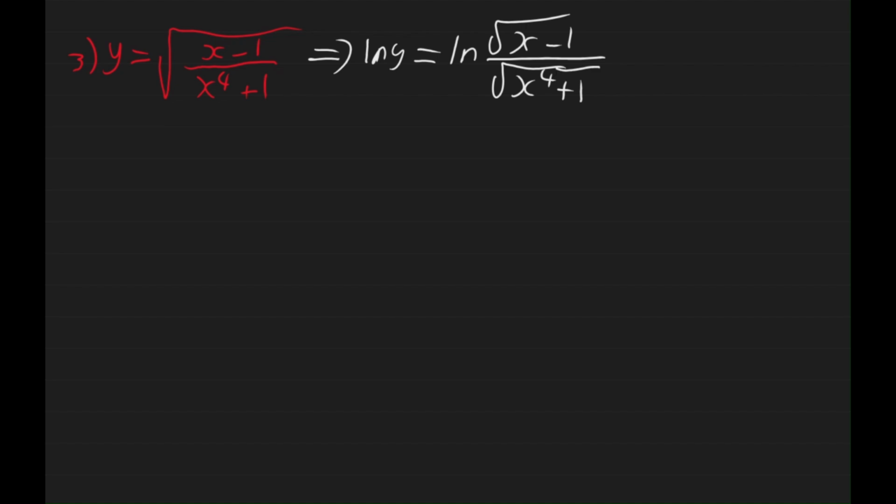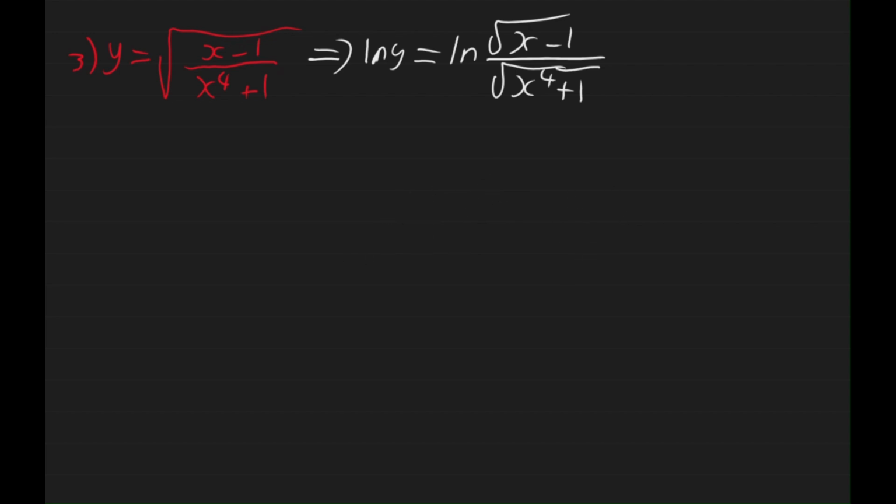You can do that to the root. If you don't know, if you have, for example, x over y all power 2, you can say that it's x power 2 over y power 2. It's the same thing. So what's root? It's power half, right?